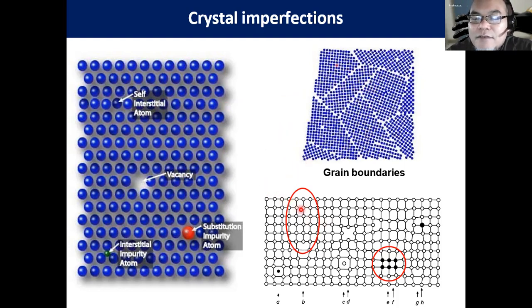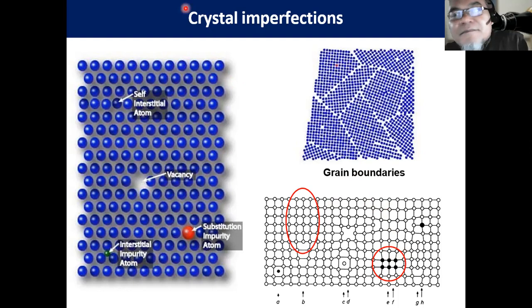Line imperfection can also occur like this, where one single line that is supposed to be filled by atoms is missing, so the two lines become closer at the next row. This is an interstitial impurity atom. This is also an interstitial impurity atom. This is a vacancy. This is a substitutional impurity atom, but more atoms are filling, so the crystalline order is distorted.